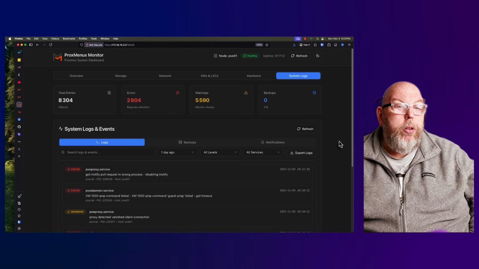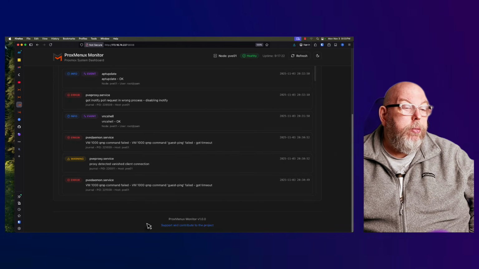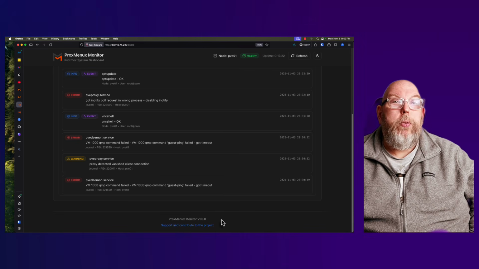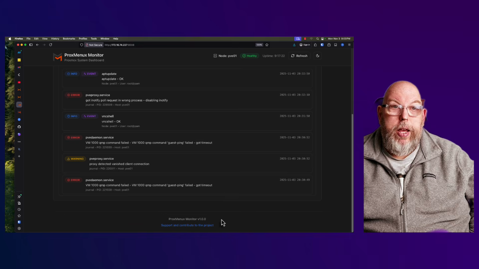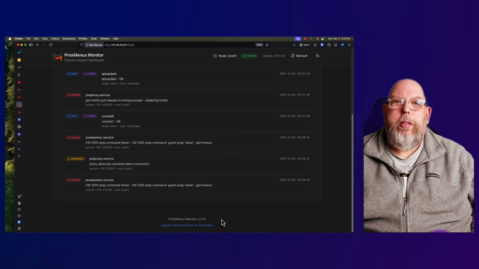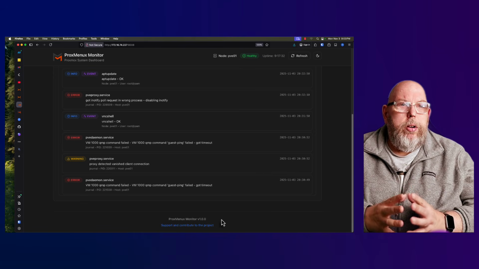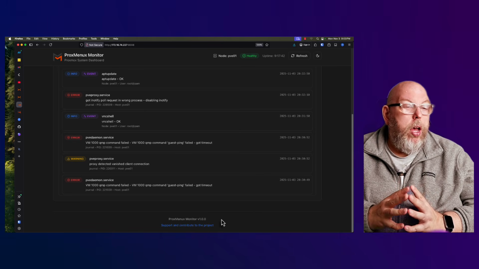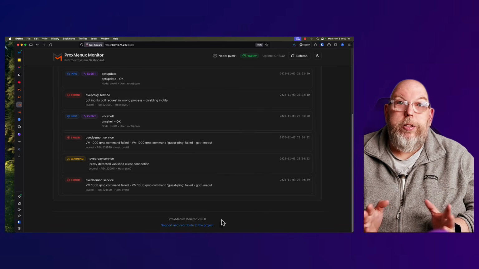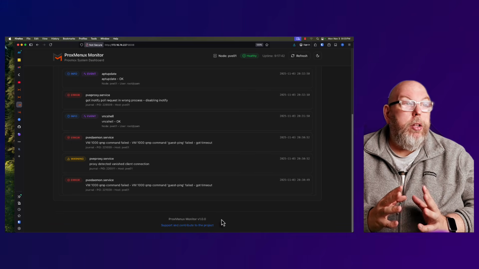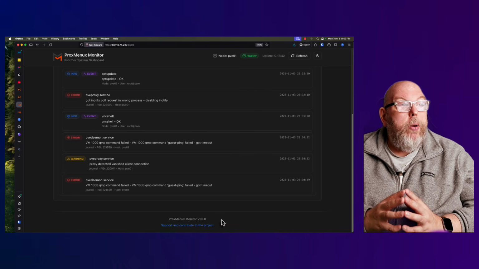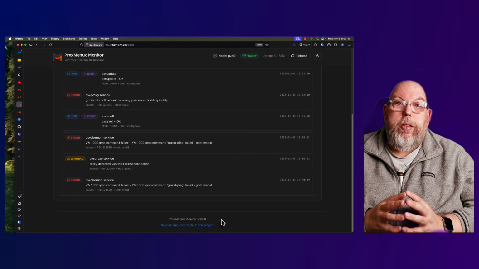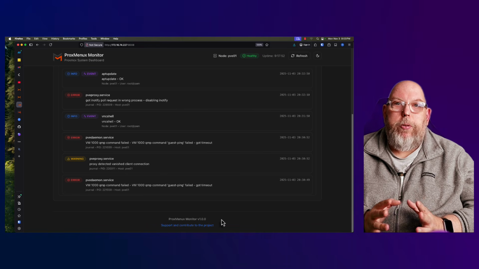Now, it's worth noting that Proxmenux monitor is at version 1.0.0 as of today. Obviously, Pulse has a little bit of a head start. One of the other issues that I've noticed is that currently, unless I've completely missed something, which is very possible, Proxmenux gets installed on each Proxmox node separately.